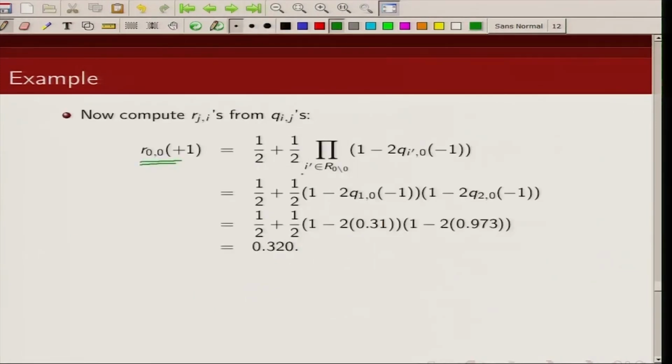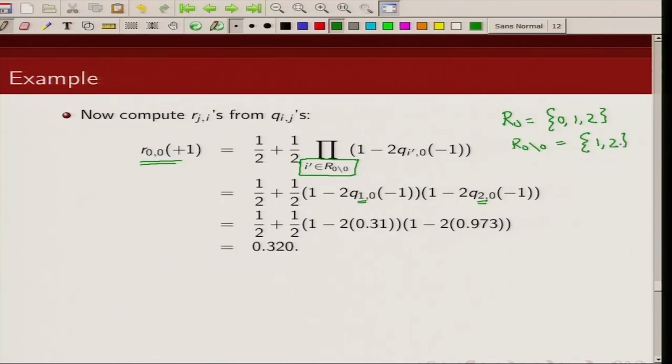Note here, i belongs to R0 minus this 0th term. So, here you will have two terms, one corresponding to i being 1 and the other i being 2. Why? Because your R0 was 0, 1, 2. So, R0 minus this element 0 is nothing but 1 and 2.